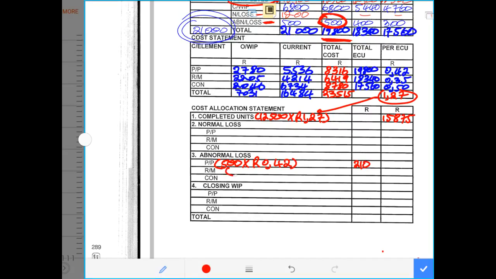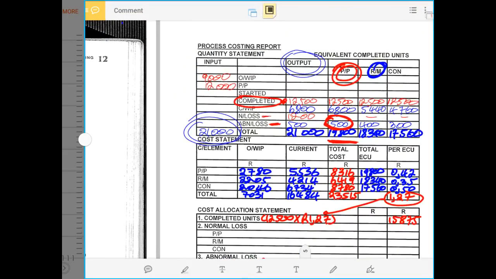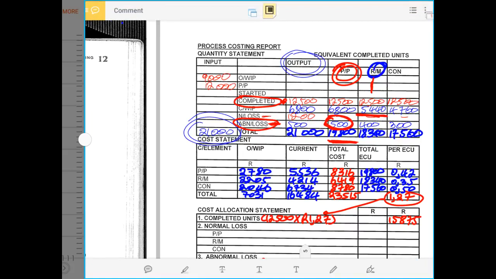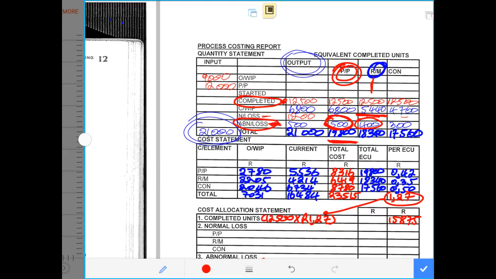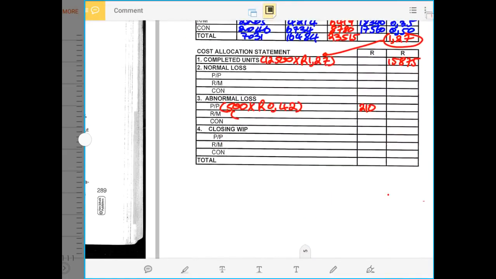Then we take the abnormal units under the raw material. Sorry, abnormal loss, it is 400. Don't know why I am looking at the wrong things. Abnormal loss under the raw material, it is 400 units that was allocated, I think it was 80%.